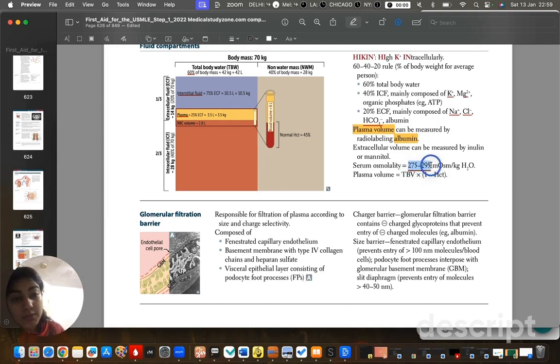Osmolality should be between 275 to 295 milliosmoles per kg H2O. And we know there are some things that increase the serum osmolality, and something that decreases it. I may get this wrong, so bear in mind.